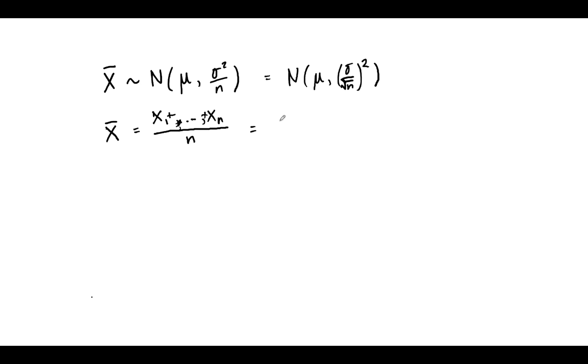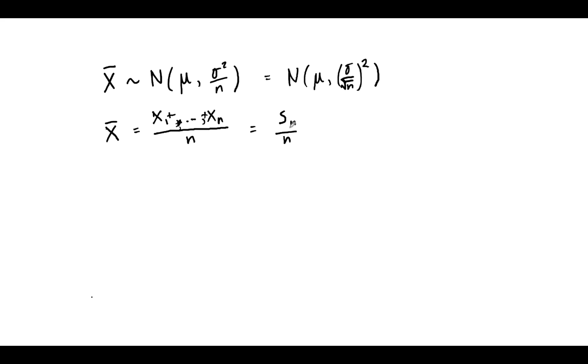Sometimes we're interested not in the mean itself, but in the sum up here, and that can be written with some notation. This is just notation for, in this specific context, the sum of these random variables. So x bar, or the sample mean, is the same as this sum here divided by n.